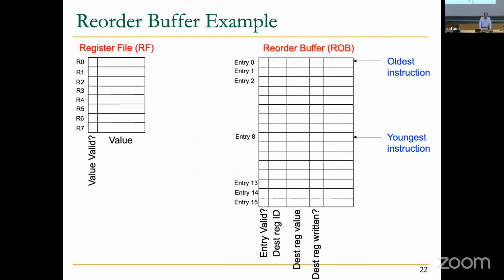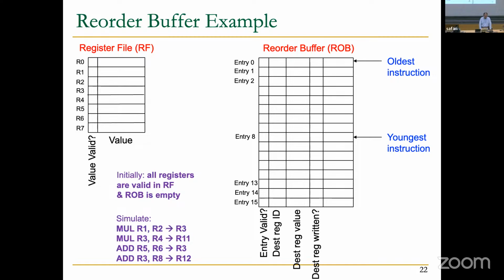We have an example here that we are not going to run. You can fill in this register file and reorder buffer at home if you're interested. This is the code that we want to run: we have 2 multiplications and then 2 additions. This is our reorder buffer and register file. You can consider that all registers are valid in the initial step and the reorder buffer is completely empty.